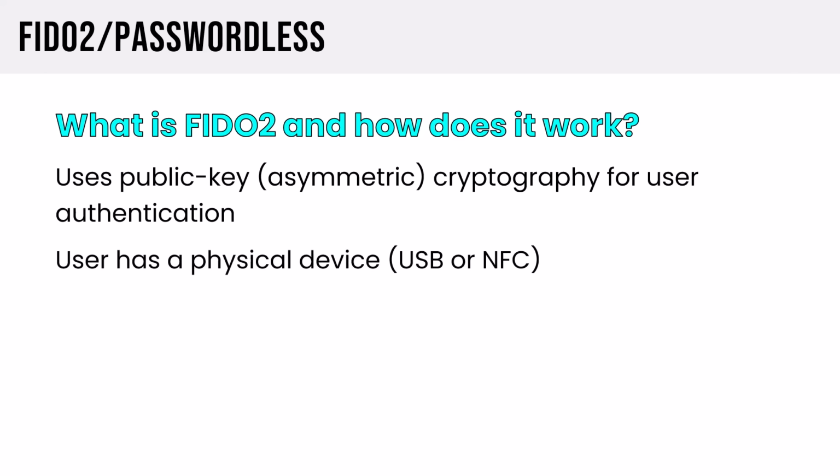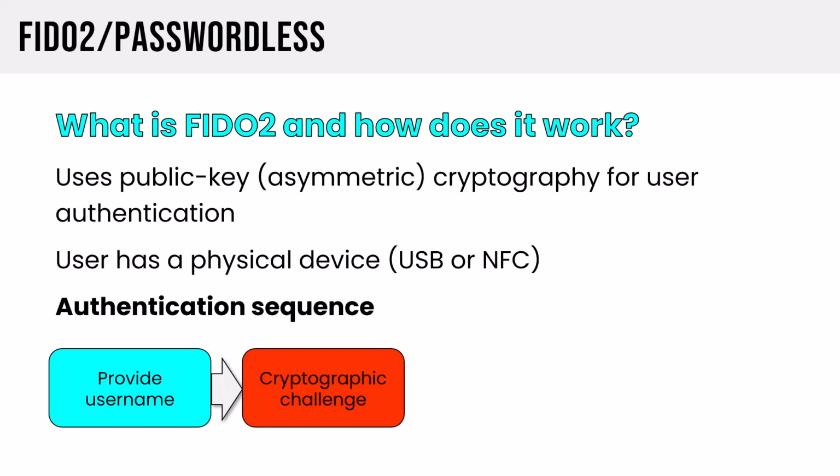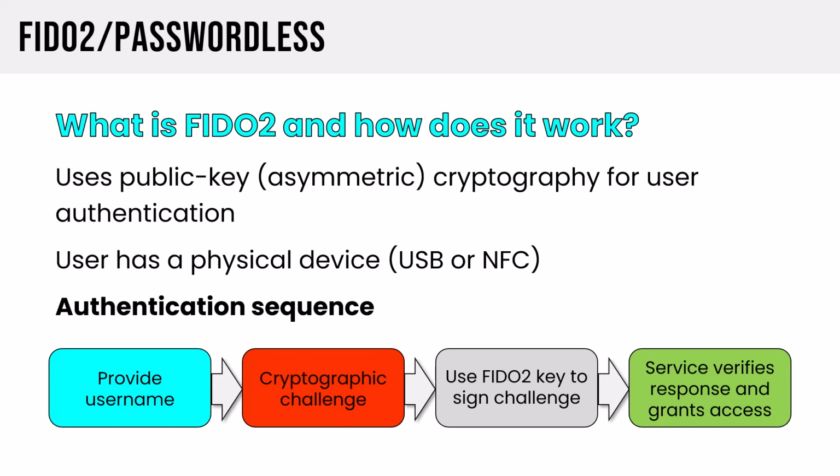The user has a physical device that works via USB or NFC, and in the authentication sequence, the user provides their username. There's a cryptographic challenge which they answer using their FIDO2 key. The service then verifies the response and grants access. I do see FIDO2 out there in the real world, although the Authenticator app is much more common simply because it's Microsoft native. Everybody has it on that smartphone, so it is and will continue to be pervasive.